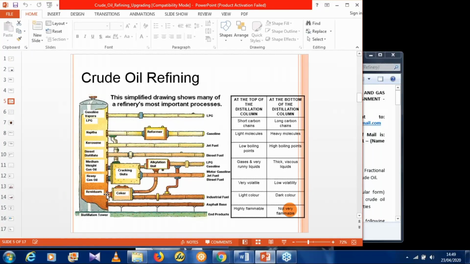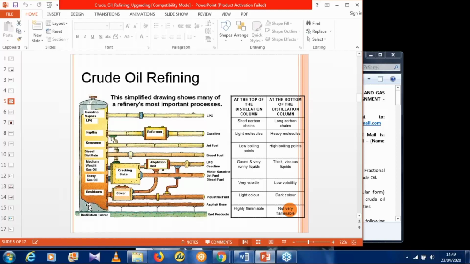Okay, now these fractions that we have, they can still be further broken down. Some heavier ones can be broken down into some lighter components, and some lighter components can also be combined to form a heavier component. It just depends on the demand in the market.